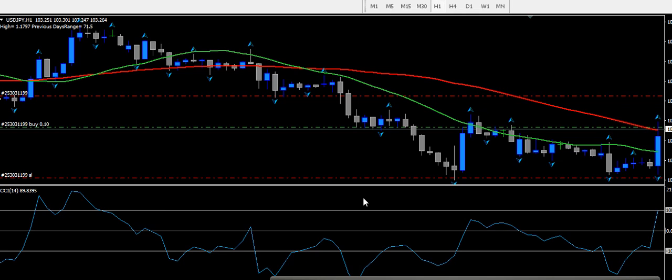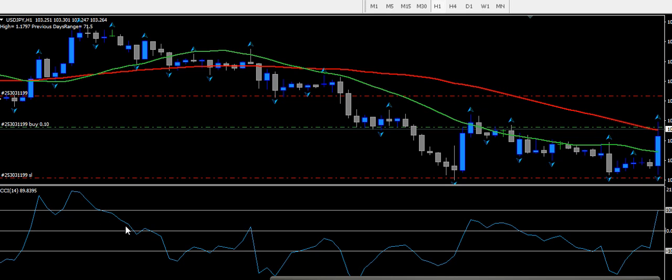It is very easy: when CCI is rising from zero, look at the cursor here, rising from 0 to 100, that's a buying position. You take your currency with a bullish attitude all the way to the next market correction level, which is this level or this level.